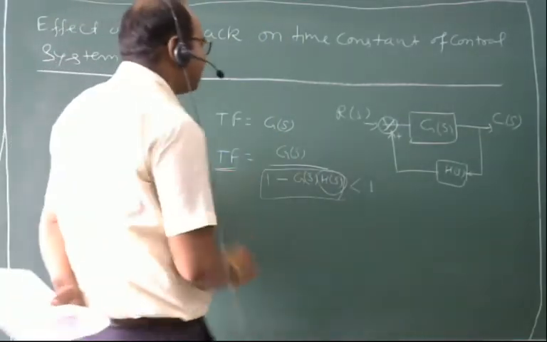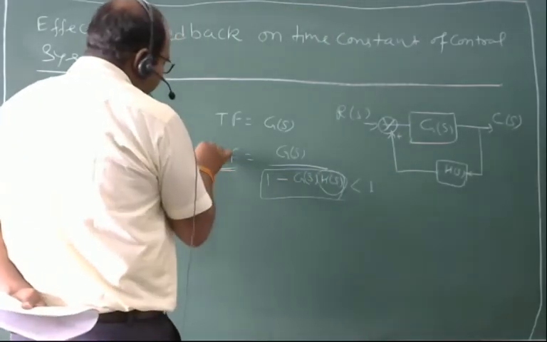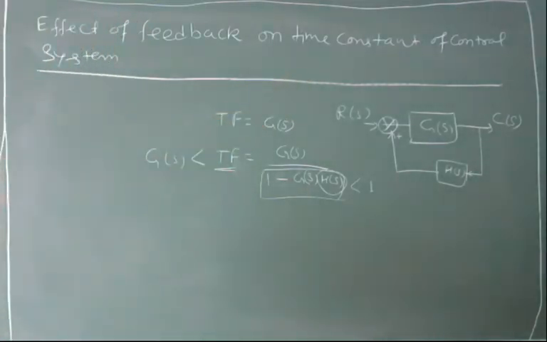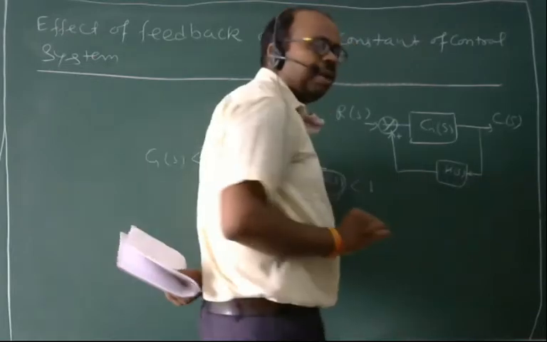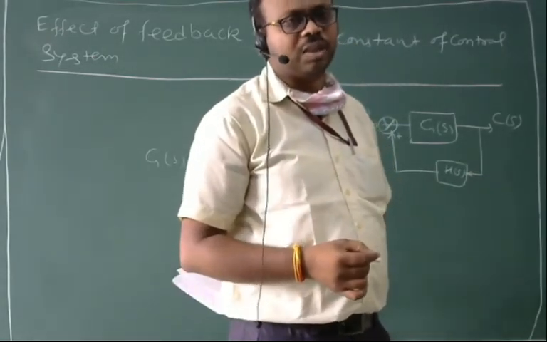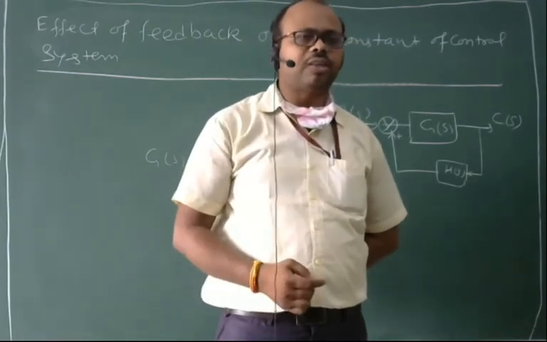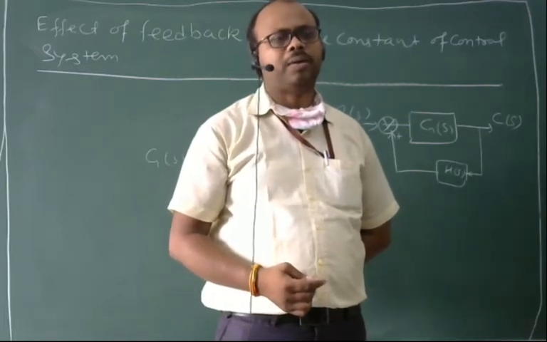And if it is less than 1, then this whole transfer function is greater than G(s), which is the forward path transfer function. It means positive feedback may increase the overall gain of the transfer function. So if I want to increase the overall gain, I will use positive feedback.